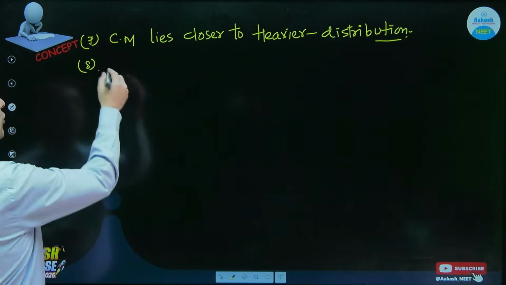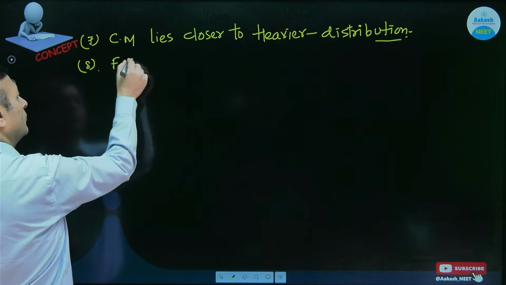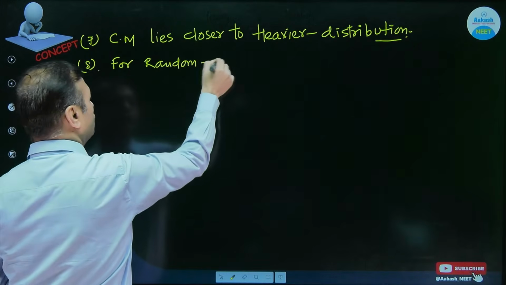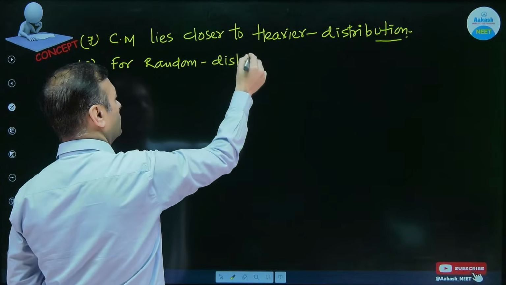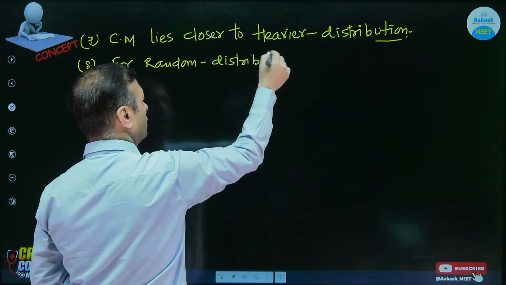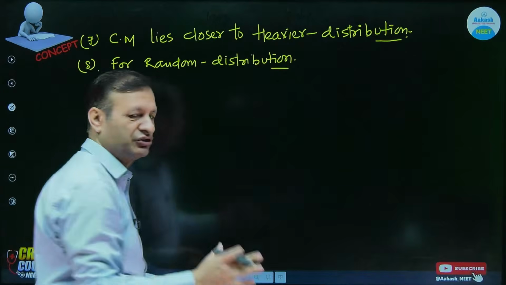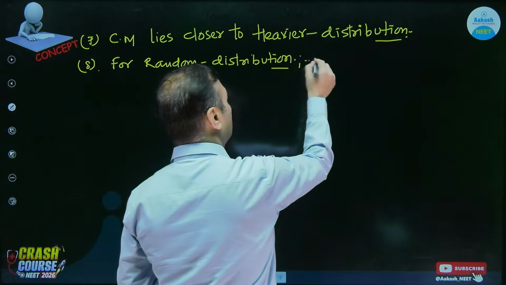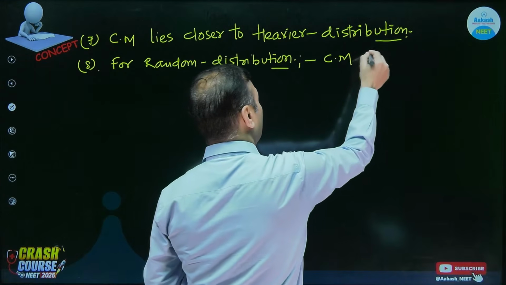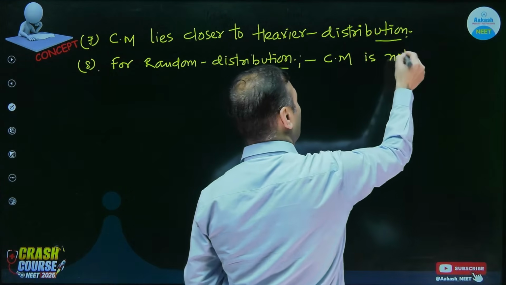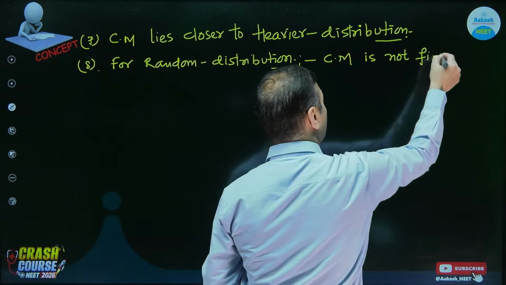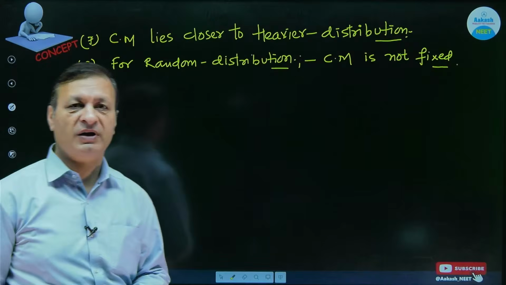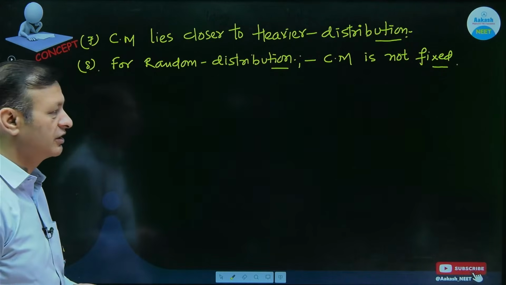Now for a random distribution, if your distribution keeps changing, fluctuating or time varying, center of mass is also not fixed. So if the distribution keeps changing, then center of mass would also keep changing.